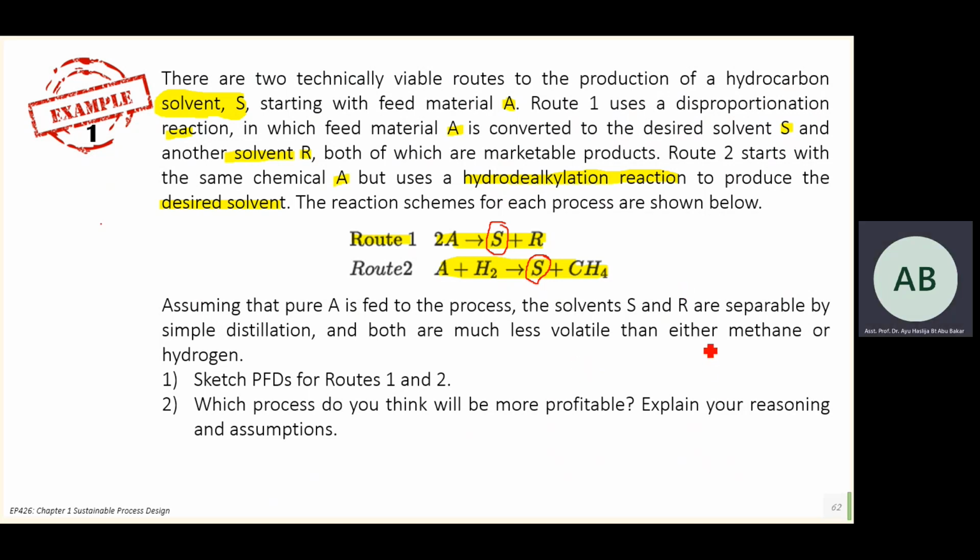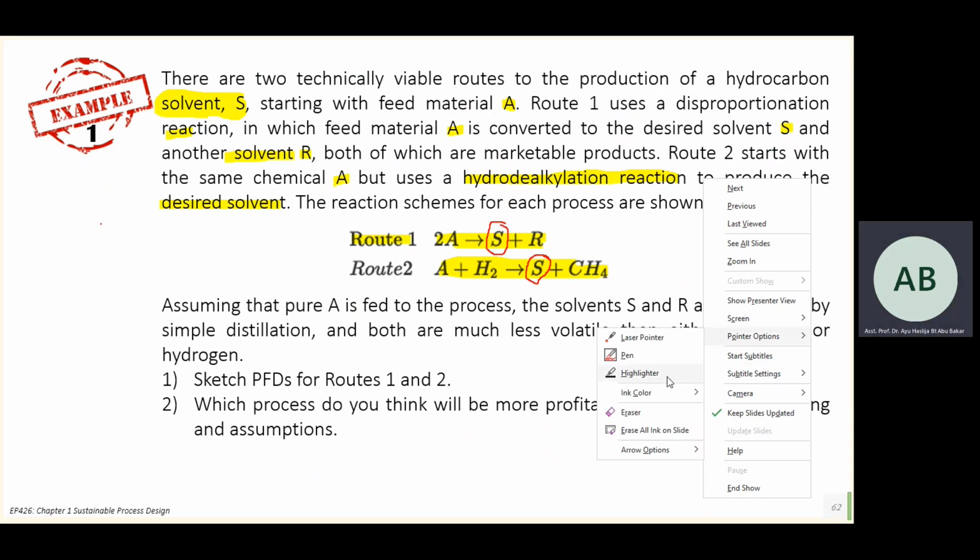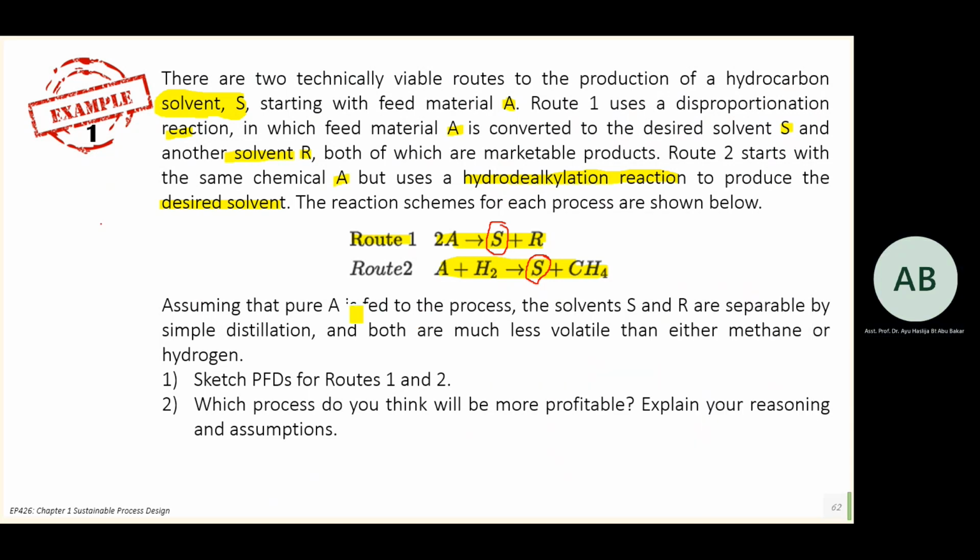Okay, assuming that pure A is fed to the process. Solvent S and R are separable by simple distillation, and both are much less volatile than methane and hydrogen.